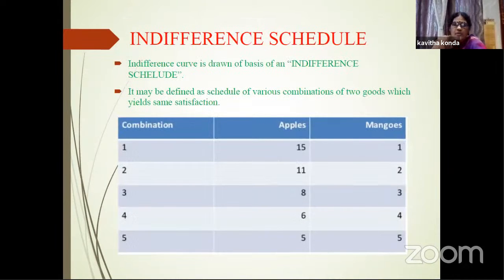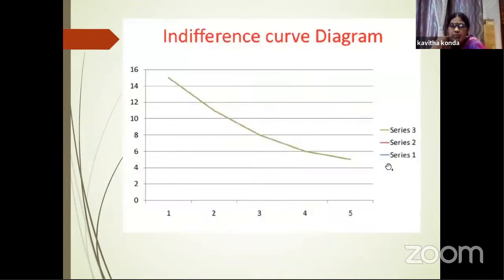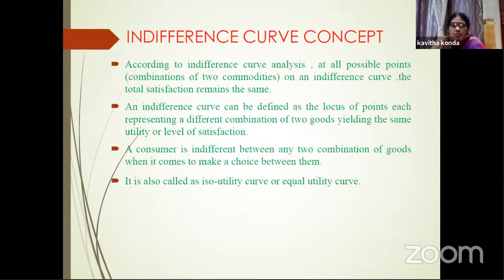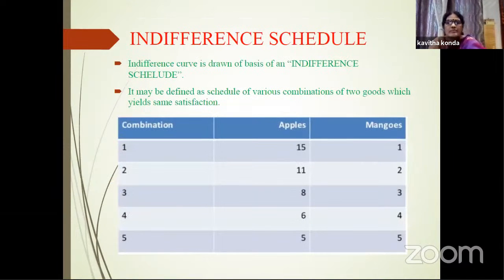So what is happening here? For the 15 apples we are getting one mango. For 11 apples we can get 2 mangoes. Means for foregoing 4 apples we get 1 more mango, isn't it?